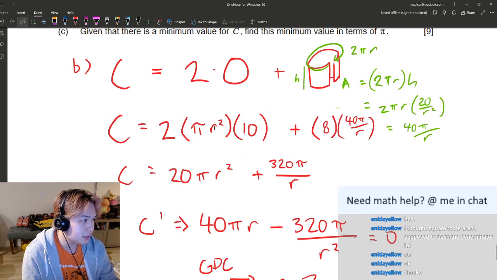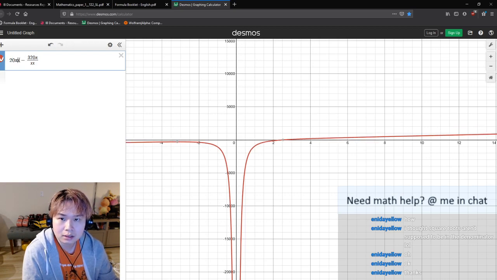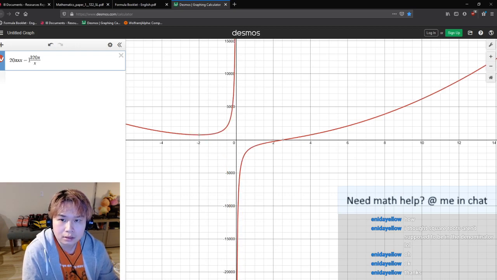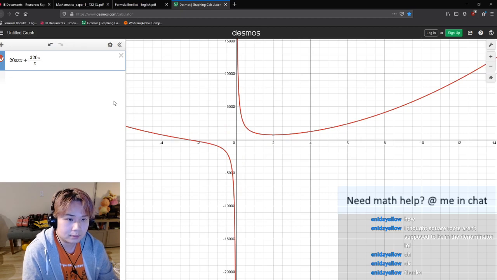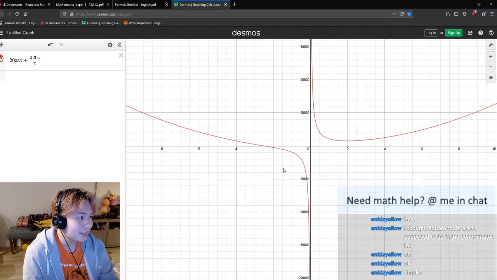Now I'm curious if I just change the scale, if I could just figure it out from the actual function. So let me just try that out real quick. 20 x squared plus. Okay. So here's the graph of the actual volume of the function.